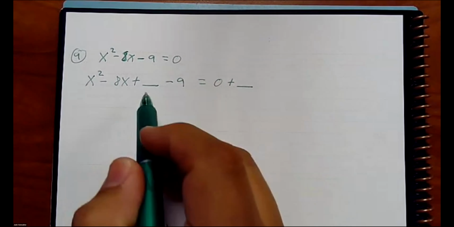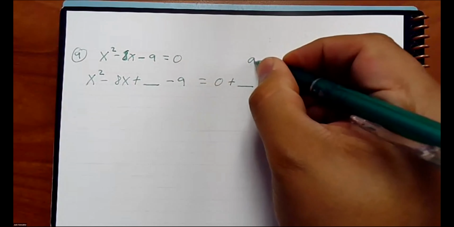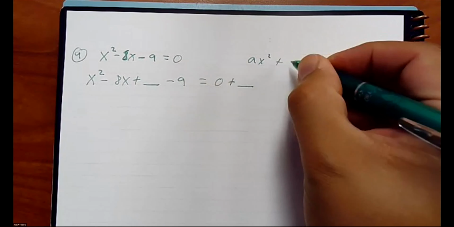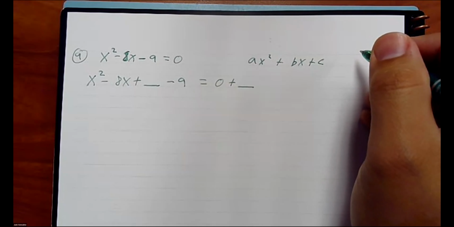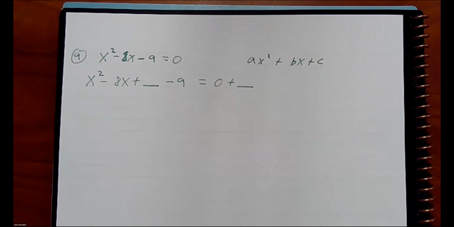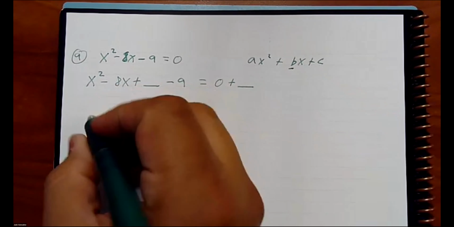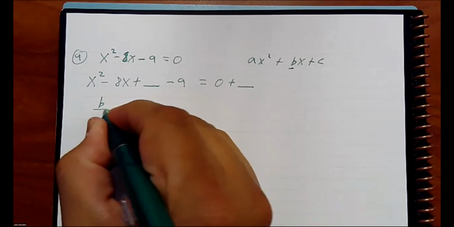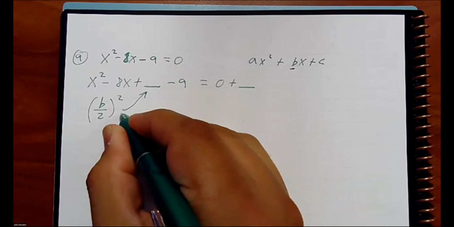So the way you find a special number is you take the b term. Remember that all quadratics are in general written this way. So you take this term, the b, and cut it in half and then square it. So this special number goes here.